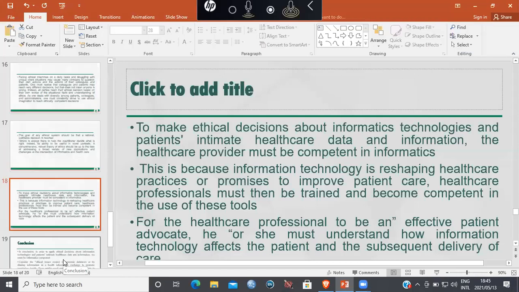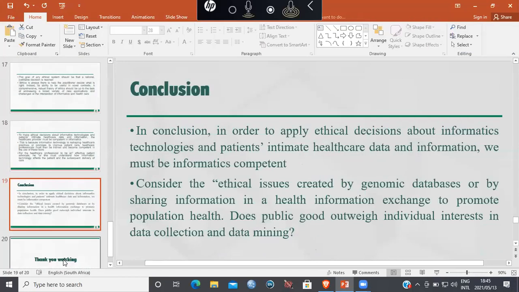Okay, in conclusion, in order to apply ethical decisions about informatics technologies and patients' intimate healthcare data and information, we must be informatics competent. You see, I keep repeating this, that we need to be competent as nursing informaticians regarding ethical issues.